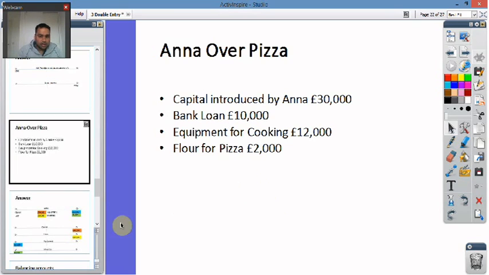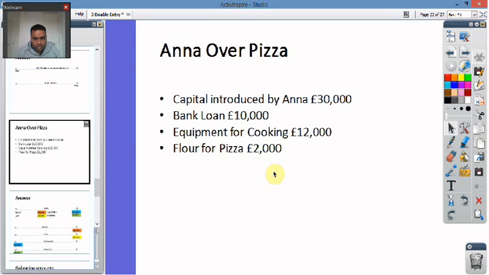Okay, so I'm going to go through the answers quickly. Capital introduced by Anna: the capital will be credited with £30,000, and the other entry will go to the bank for £30,000. Bank loan would increase the bank by £10,000, and the bank loan account will be credited with £10,000.